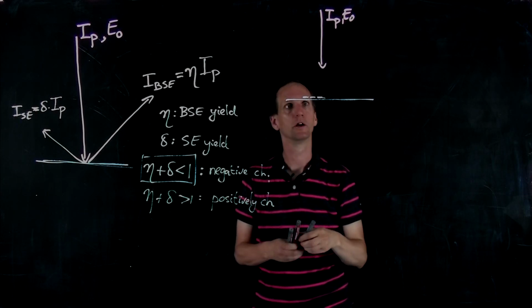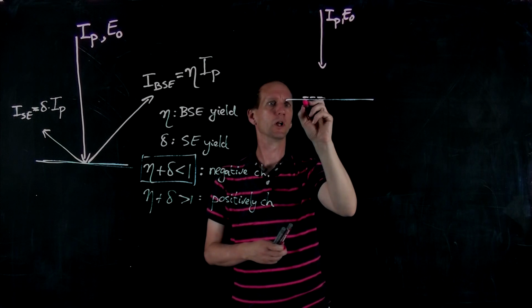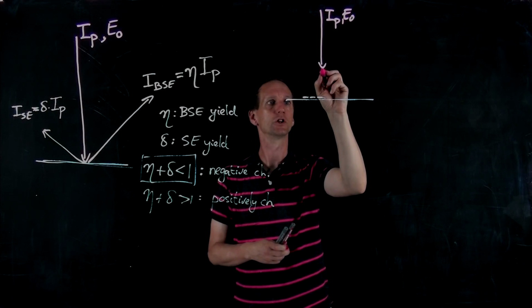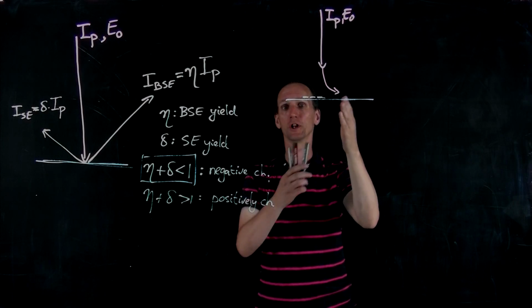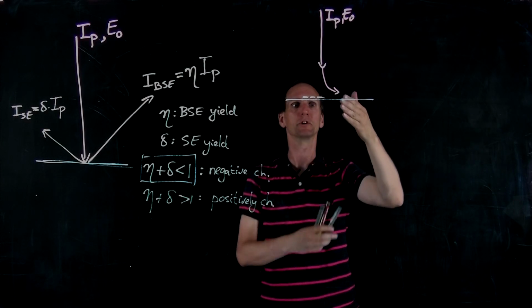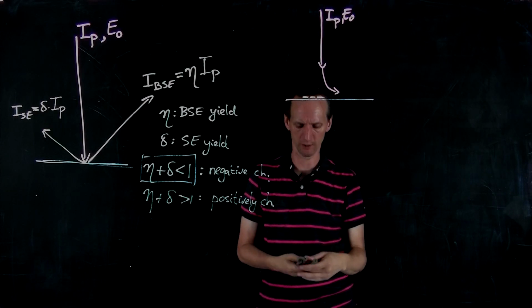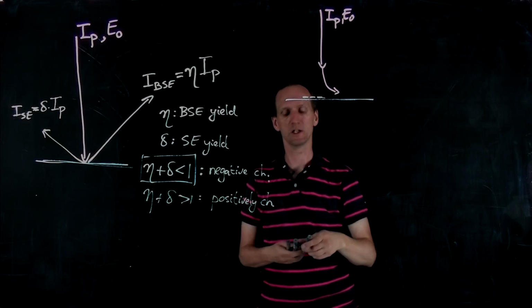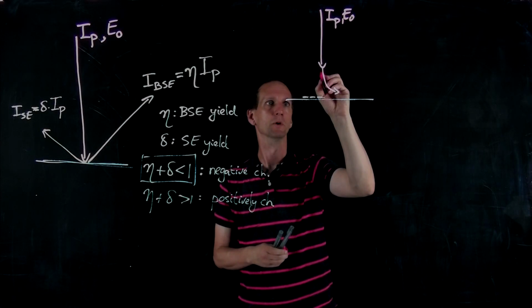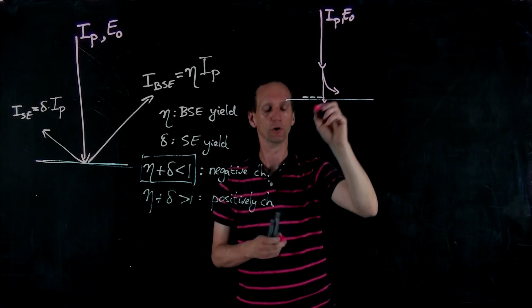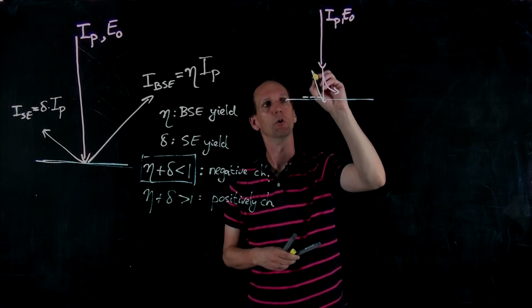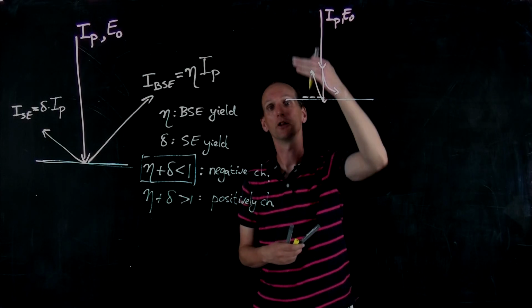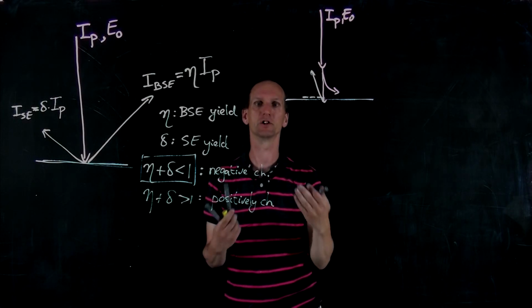But in any case, the incoming electrons will feel this negative charge, and they may be deflected, and thus hit the sample at a different position and generate signal from a different position than where we think we would be. Also in this case, if this beam does hit the sample, the secondaries that escape from the sample here will be accelerated by this field and thus hit our detector with a higher energy than what we have.